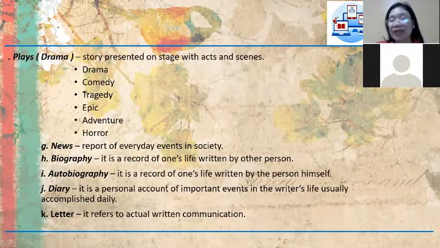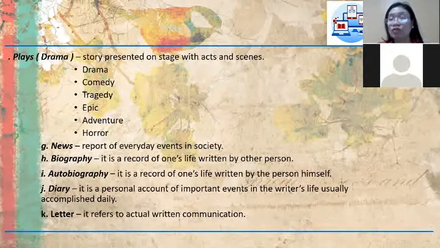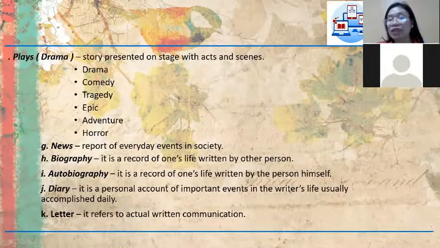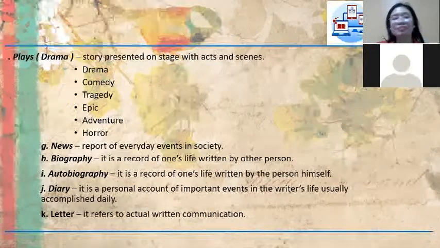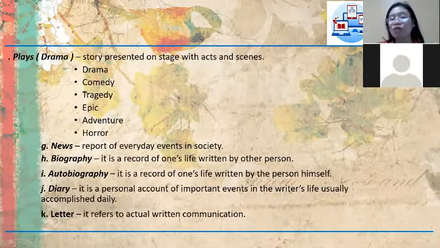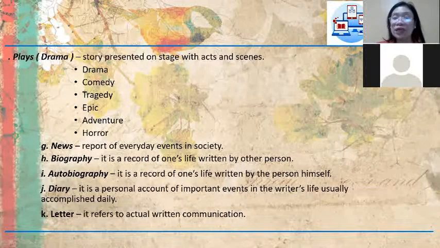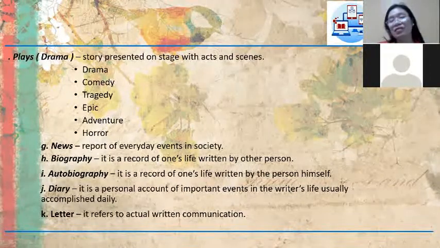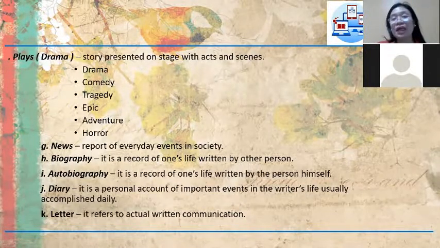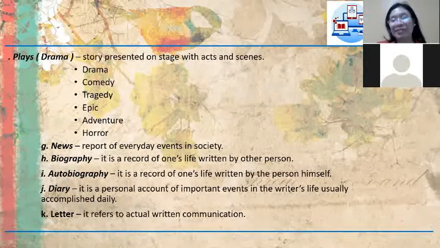A biography is a record of one's life written by another person, whereas an autobiography is a record of one's life written by the person himself. Now, another one is the diary. It is a personal account of important events in the writer's life. And usually this diary or personal journal is accomplished daily. Do you have a personal journal? Or do you just write it in your FB timeline?